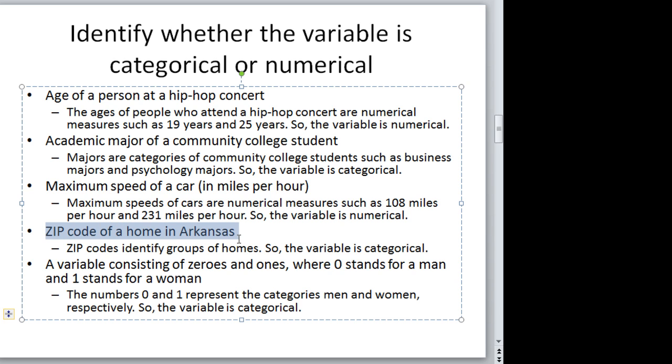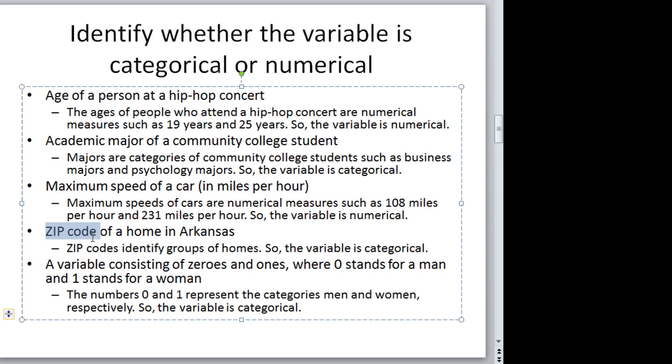What about the zip code of a home in Alaska or Arkansas? A zip code identifies a group of homes, and that's going to be categorical.